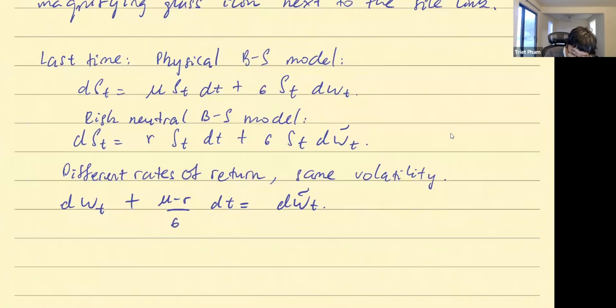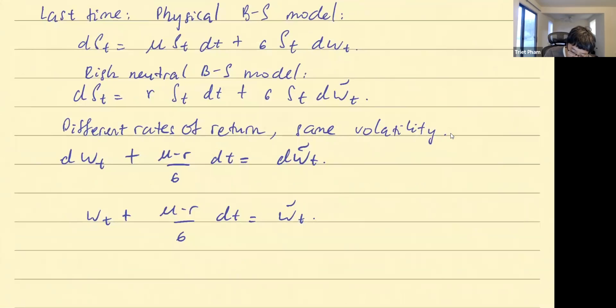Or in other words, W_t plus (mu minus R) over sigma times t is W tilde_t. This quantity, (mu minus R) over sigma, is referred to as the Sharpe ratio.